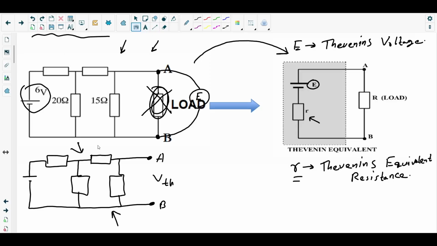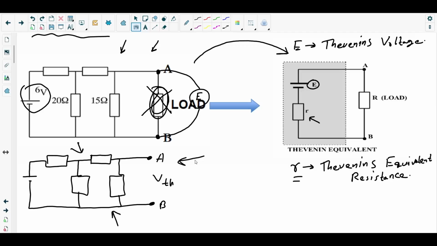When you have a complex circuit, a load resistor will be given. The scenario is like this: a complex circuit will be given and the load resistor will be marked out. To get the Thevenin's equivalent circuit, you disconnect the load from the terminal and have a circuit like this.